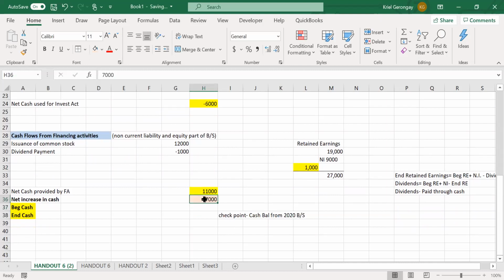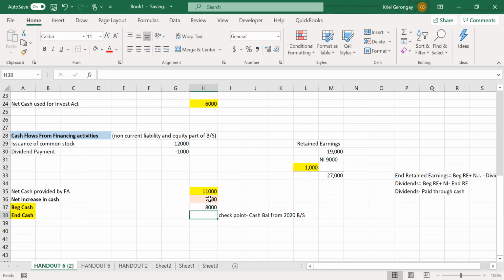To double check whether you get the correct number, you can go back to Handout 6 and see the 2019 and 2020 balance for the cash account under your balance sheet. There it says that your cash had a 2019 balance of 8,000.